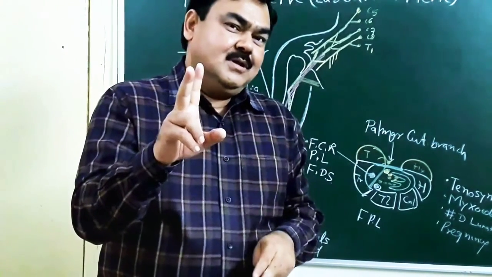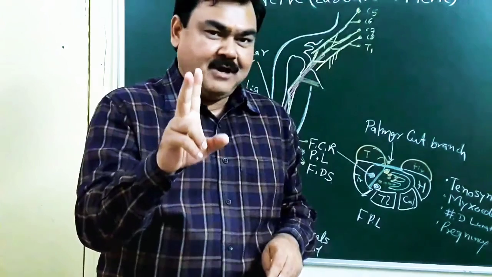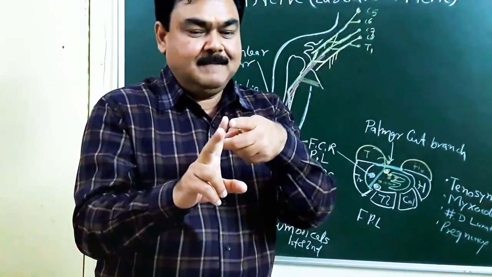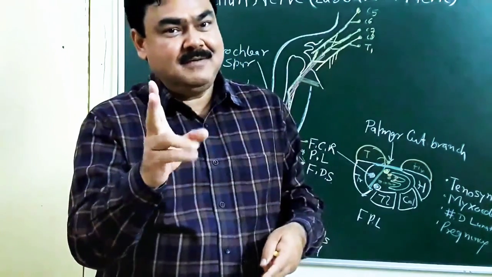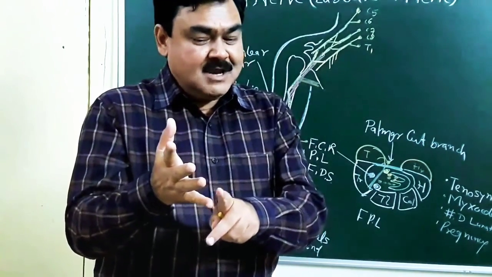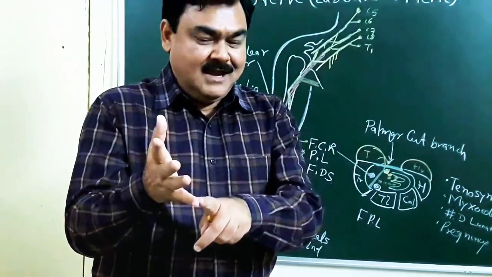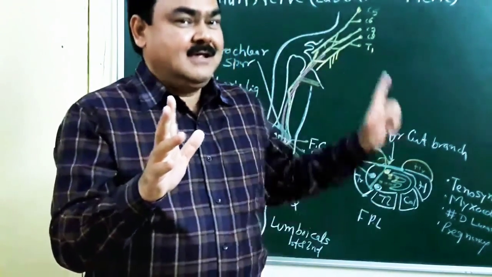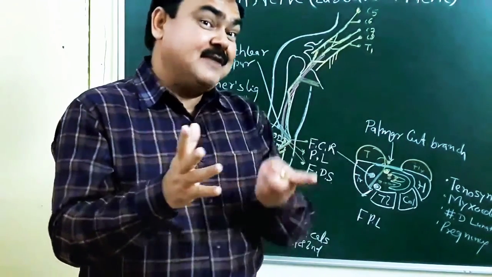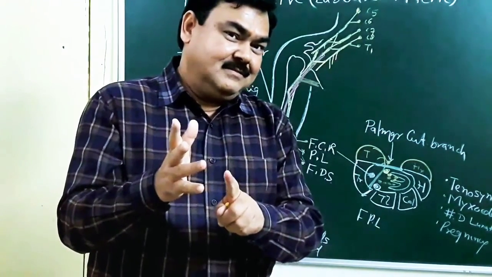The flexor digitorum profundus for the index finger and middle finger are supplied by the median nerve. Flexor digitorum profundus for the ring finger and little finger is supplied by the ulnar nerve. Here it is presumed that the ulnar nerve is intact. Then what happens?